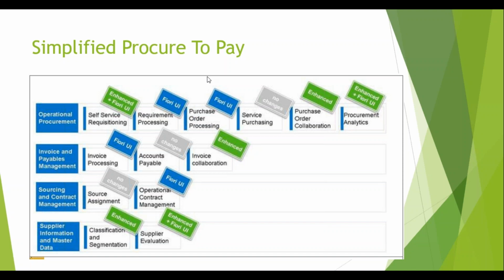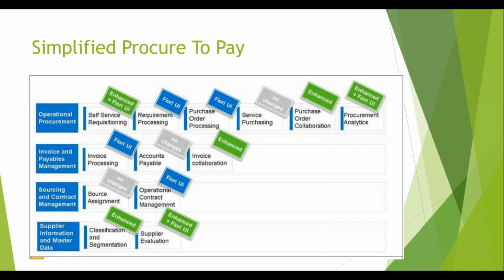So let me start from the first thing, because we already completed operational procurement. Self-service requisitioning. What is self-service requisitioning? The capability for the end user to create the requirement.